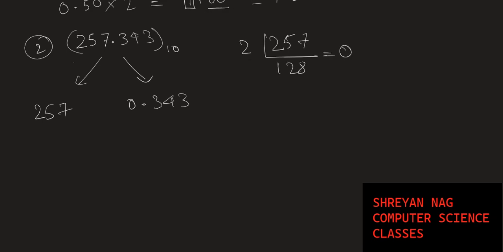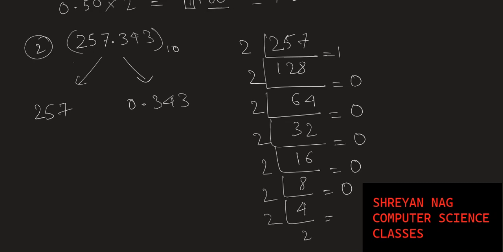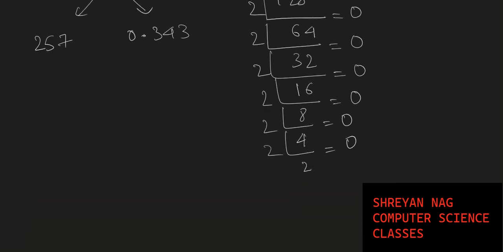So the remainder is 1. 2 64s are 128, remainder is 0. 2 32s are 64, remainder is 0. 2 16s are 32, remainder is 0. 2 8s are 16, remainder is 0. 2 4s are 8, remainder is 0. 2 2s are 4, remainder is 0. 2 1s are 2, remainder is 0.